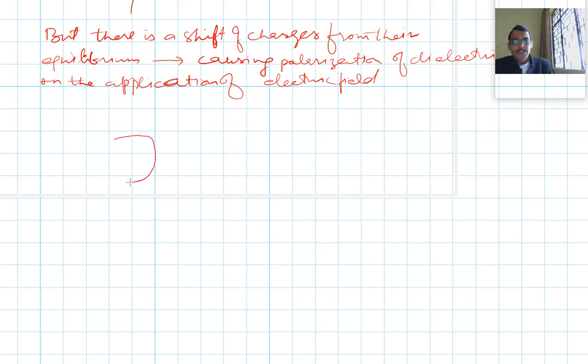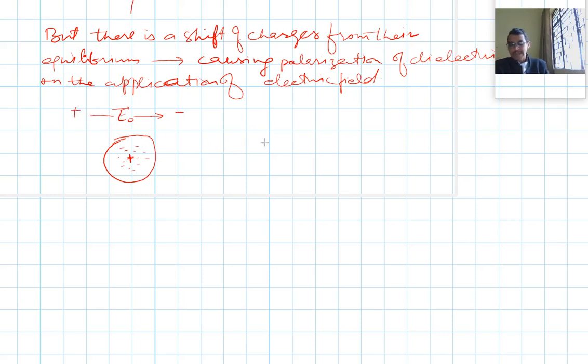Suppose there is a neutral atom or molecule, with a positive charge and around this positive charge the negative charge is uniformly distributed. Let us assume that. When an electric field is applied across it in this direction, positive polarity will be here, negative will be here.